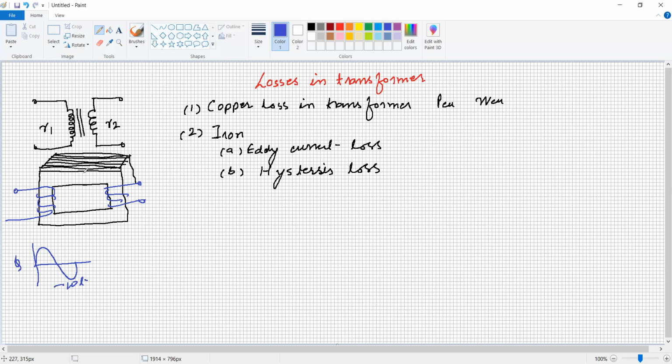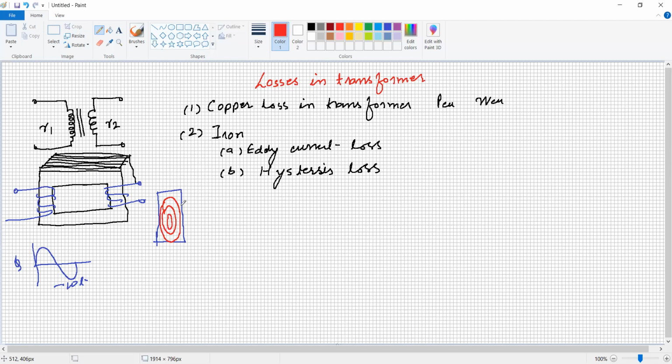But the induced EMF does not supply current to the winding; instead it circulates current in the iron material in the form of eddies.